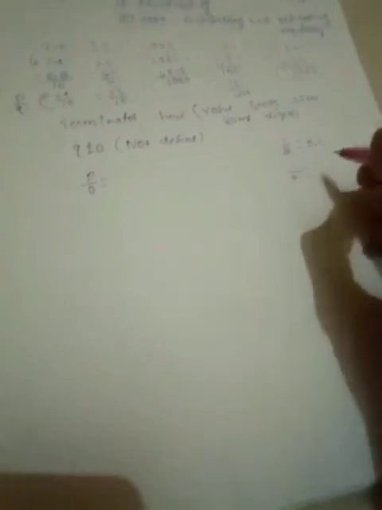If I ask you why it is not defined: if you write p upon 0, it means p divided into 0 parts. Yes or no? Just look here, 1 upon 2 means 1 divided into 2 parts, so we get 0.5. 1 upon 4 means 1 divided into 4 parts. 1 upon 5 means 1 in 5 parts.